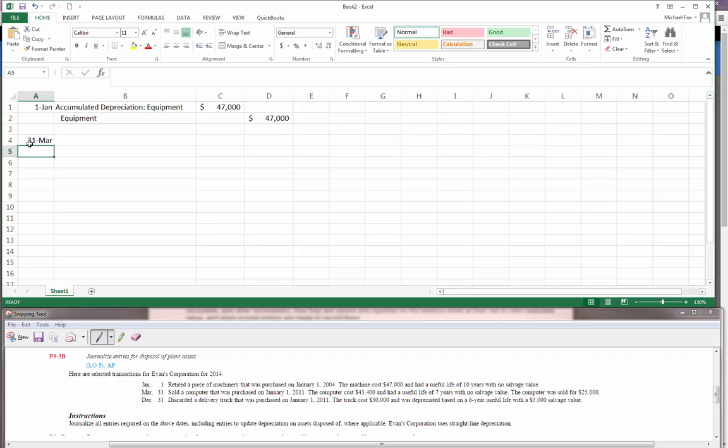The first thing we have to do is make sure we record the appropriate depreciation for this year. So from January 1st, at the beginning of this year, up until the date we sold it, which is March 31st. So that's step one. So that's going to be an entry that involves depreciation expense and accumulated depreciation.